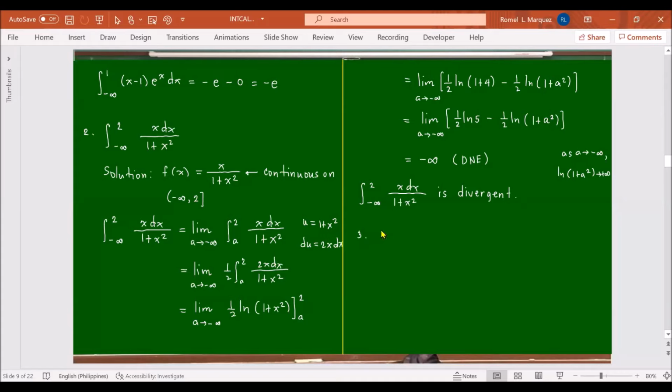We have the integral from negative infinity to 0 of dx over (2x minus 1) quantity cubed.